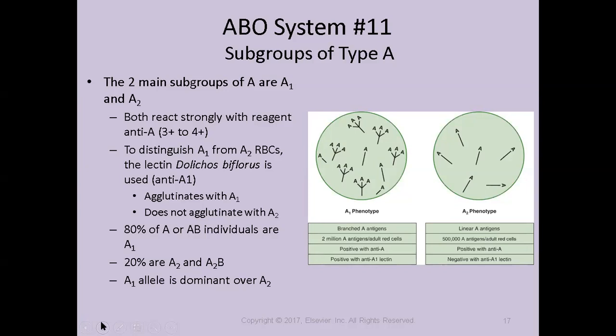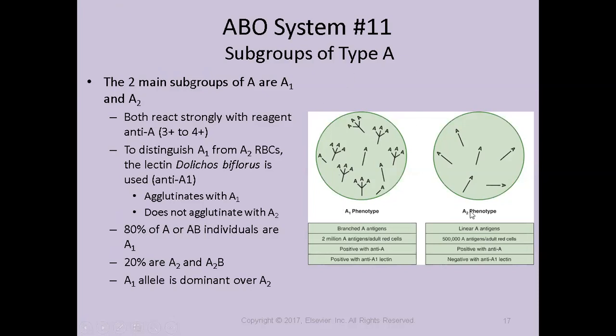When we're doing our forward typing, whether you're A1 or A2, both of those antigens are going to react strongly with our antibody against A reagent, or anti-A, and give 3+ to 4+ reactions. If you're curious, 80% of the population of people who are A or AB are type A1, and 20% are A2 or A2B. And the antigens themselves are different.